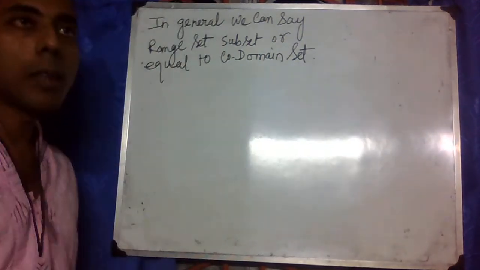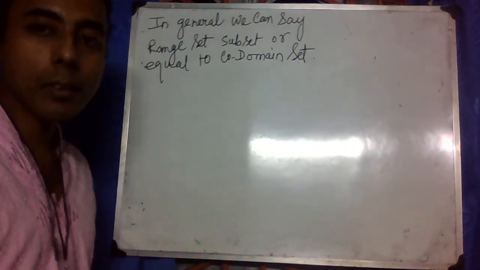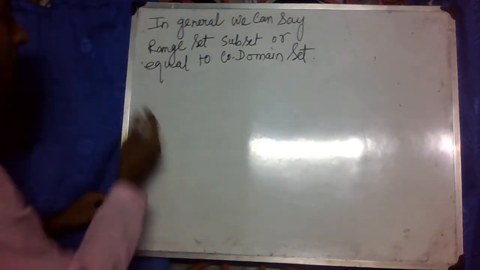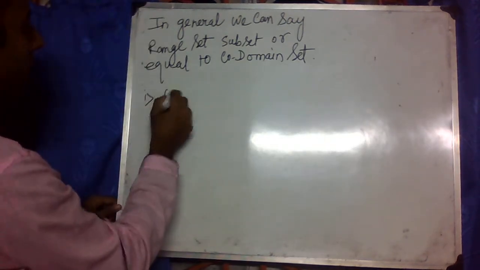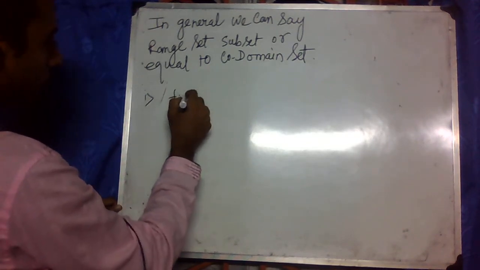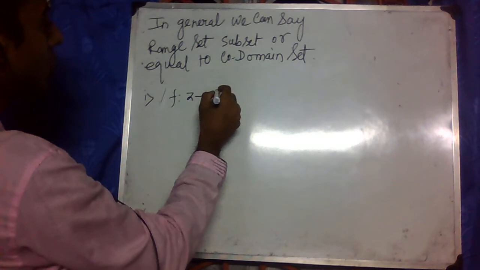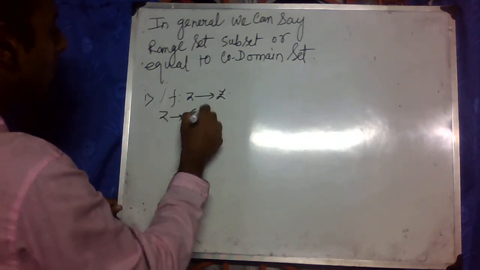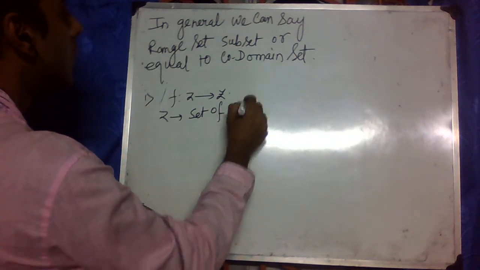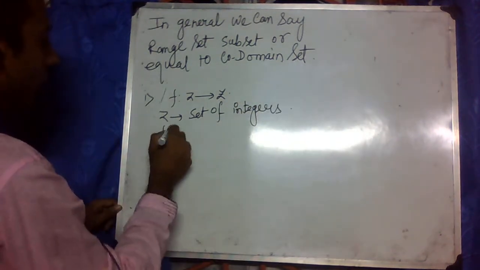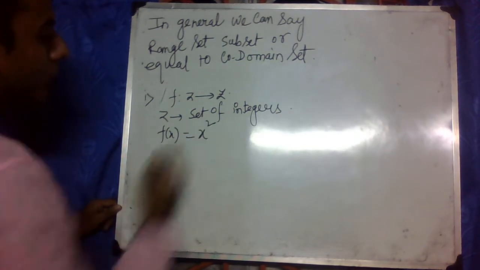There are so many functions. For example, if we consider f from Z to Z, Z is integers, f of x is equal to x square.